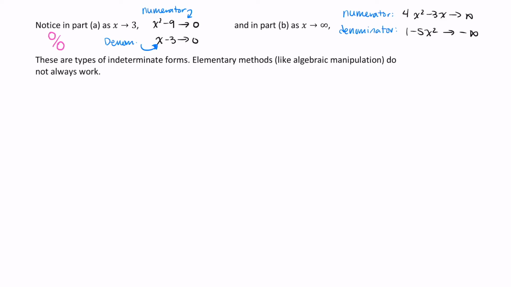So in this case, we had something of the form infinity over infinity, and this could be plus or minus. And these are called indeterminate forms. So methods like what we used above, like algebraic manipulation, do not always work, and this is where L'Hopital's rule comes in.